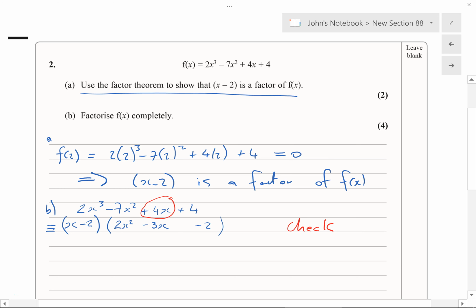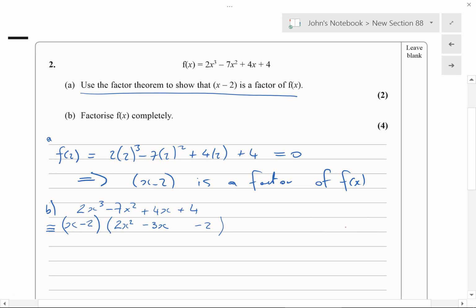Now plus 4x would come from the two terms I know, which are minus 2 times minus 3x, which is plus 6x, and these terms that I also know now, which is minus 2x. And lo and behold, I've got my quadratic. So we checked it, we've done it.